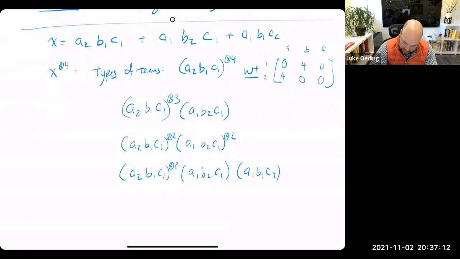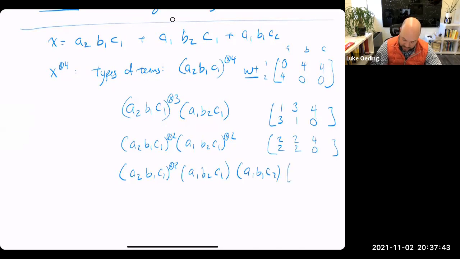What about the weight? So over here, the weight is, okay, I have 1 A1 and 3 A2s, and I have 1 B2 and 3 B1s, and then I have 4 C1s. And in this one, what's the weight? So I have 2, 2 for A's. For B's, I also have 2, 2, but for C's, I have 4, 0.